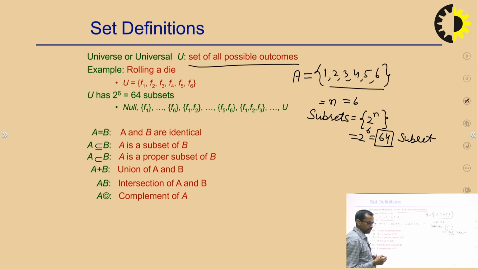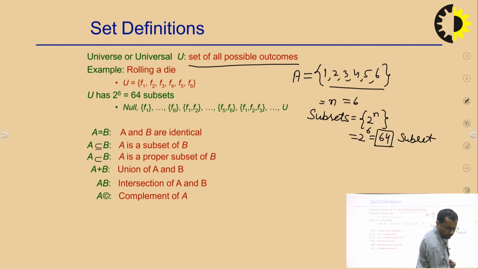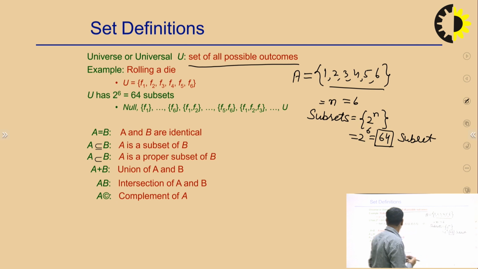If there exist two sets A and B and both have the same elements, then they are identical.